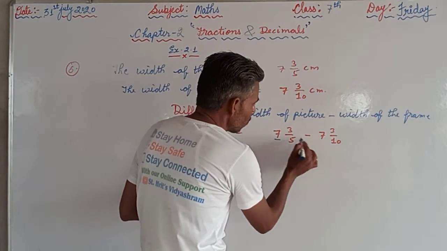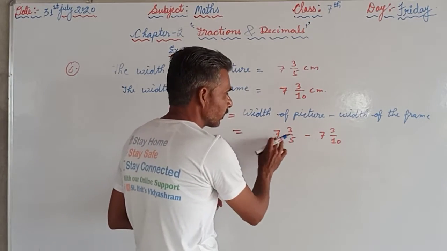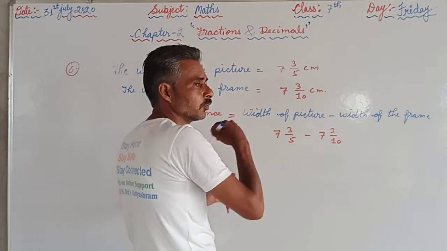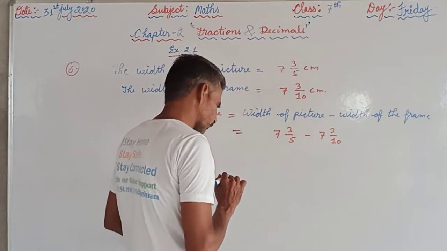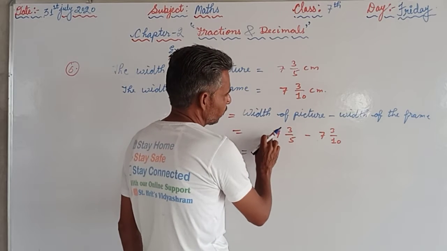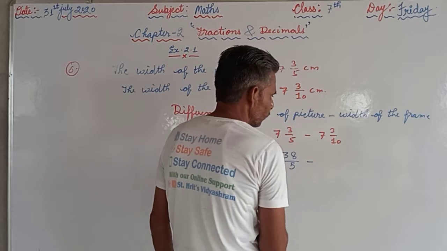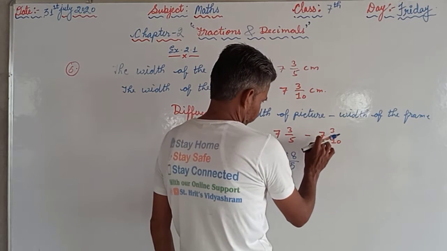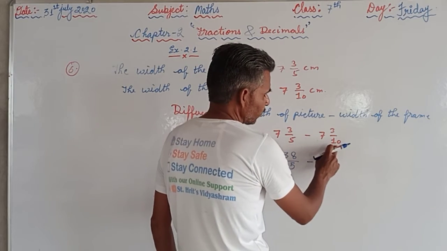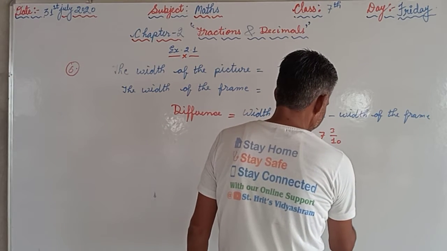Because they have the whole numbers as well, 7 and 3 by 5, 7 and 3 by 10. So we will convert that into the improper fraction. So 7 fives are 35, 35 plus 3, 38 upon 5, minus 7 tens are 70, 70 plus 3, 73 upon 10.